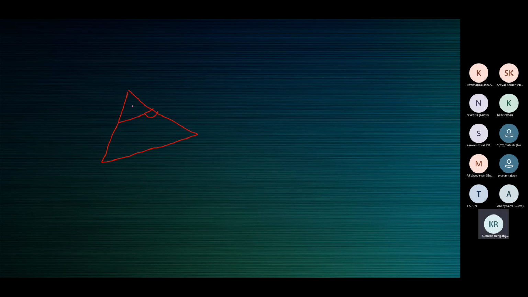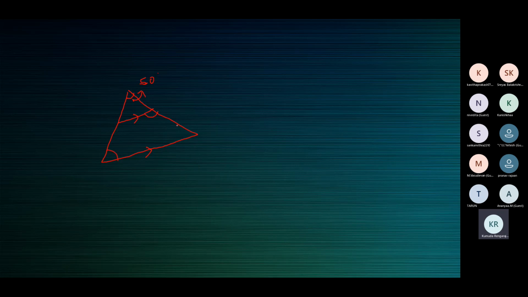We need to find this angle. It's given that this is parallel to this. This is 50 degrees. And these two sides are equal.